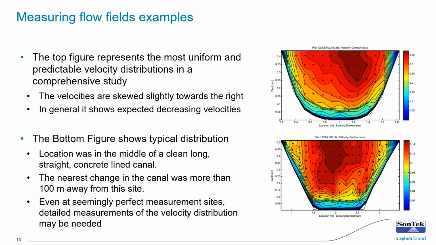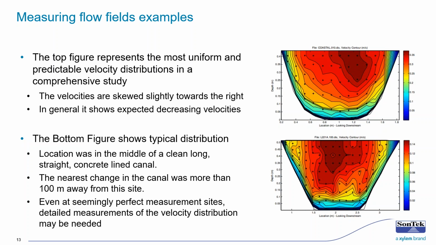It's skewed over to the right. This is important when you're considering how your instrument is measuring the actual cross-sectional velocity, because if you have a sensor with one plane of measurement right down the middle and no skew beams to measure what's going on along the edges, it makes it difficult for the instrument to capture the real conditions, and that could result in some bias in the data.